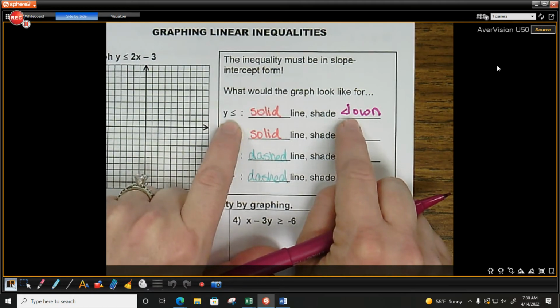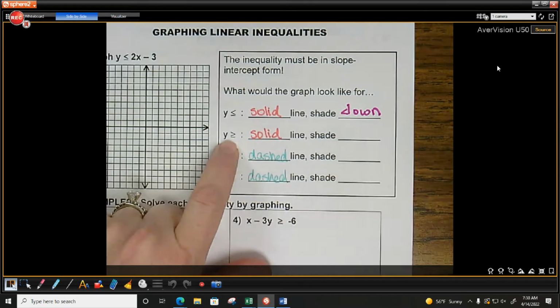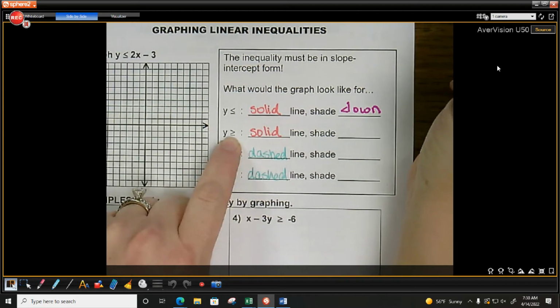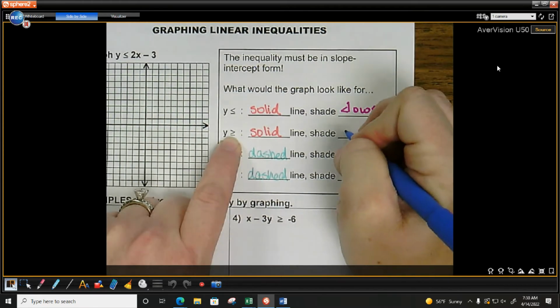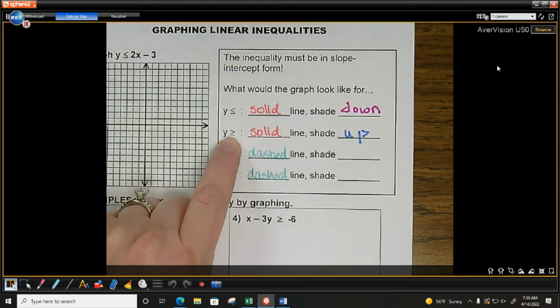So if you have a less than sign, you are shading down, or below the line. If you have that symbol, what inequality sign is that? Greater than. That can help you make a P for up.